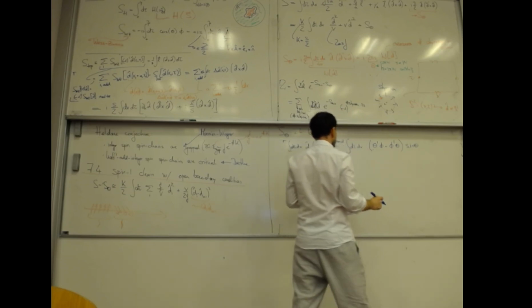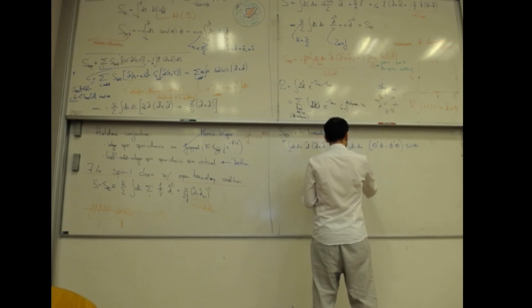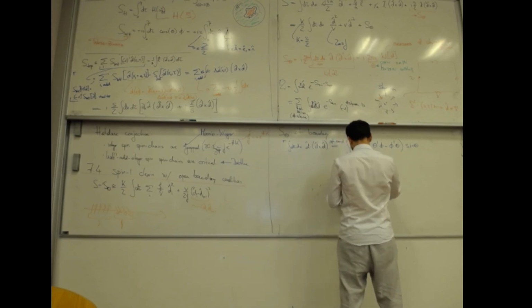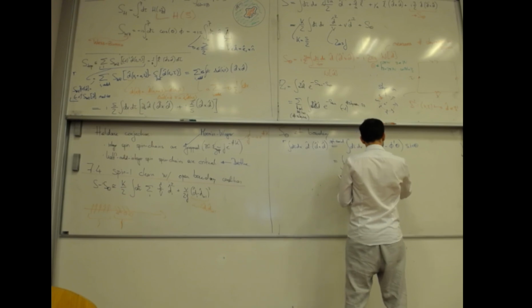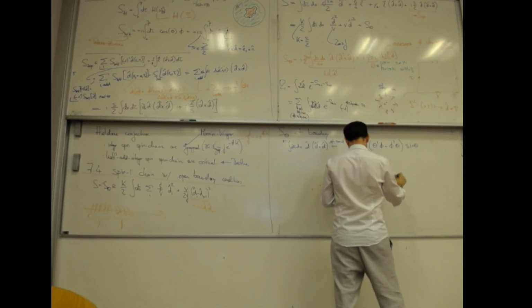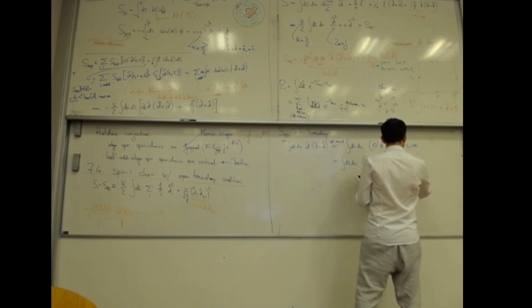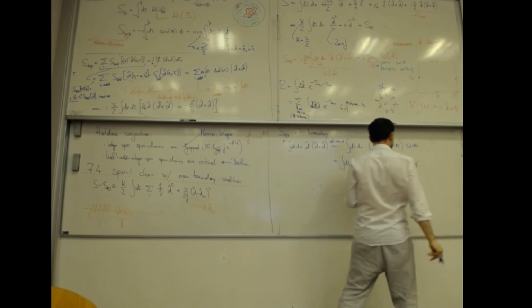So we can write this as the integral over tau dx of dx cos theta phi dot minus tau cos theta phi prime.